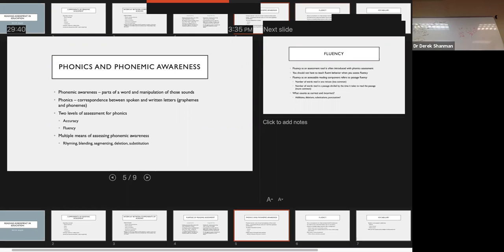Is there going to be a difference between a child who accurately says k, a, t, and a child who's able to say k-at, or cat? Is that going to make a difference? I think so too, right?